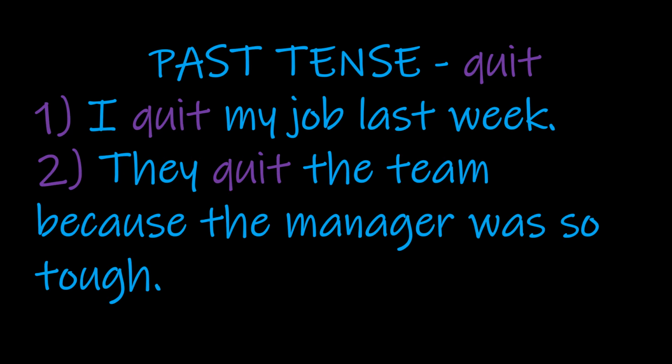So in number 1, it's clear when, because we've got that phrase, last week. I quit my job last week. With number 2, we don't know when it happened. We just know that it's done, it's finished, but we get no indication of when other than that it's in the past because of the form of the verb.